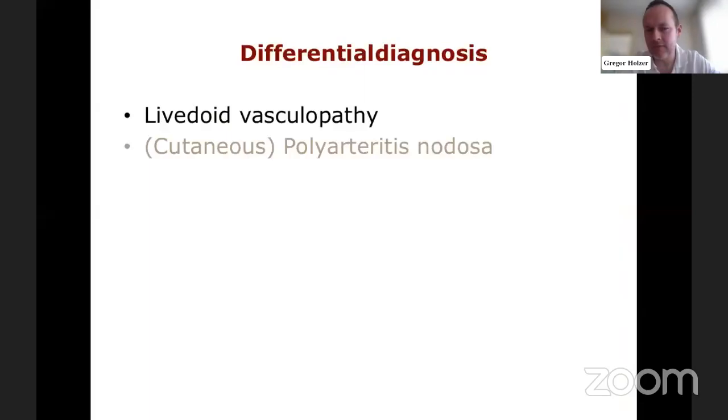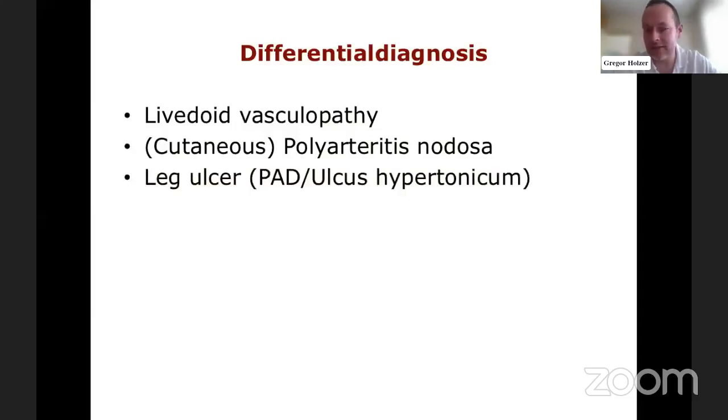So what are the differential diagnoses for this patient? First of all, we thought about livedoid vasculopathy. We thought maybe he had some vasculitis going on, like polyarteritis nodosa. Maybe it was just a leg ulcer due to hypertension, an ulcus hypertonicum. Maybe it was peripheral arterial disease.